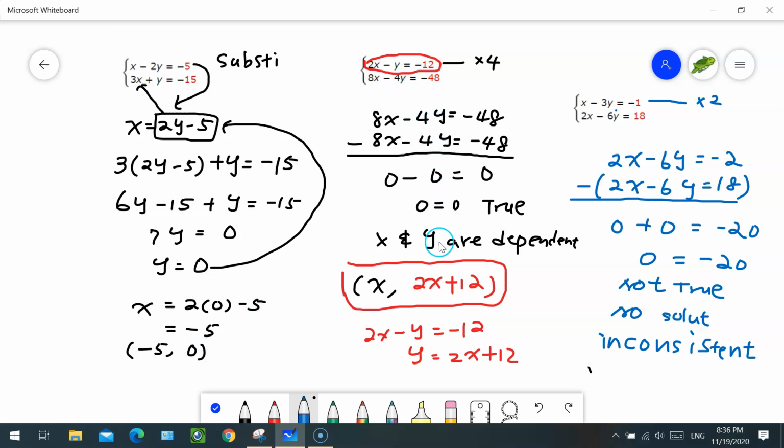When you solve both equations and the result is a number equal to the same number on both sides, that means the two lines overlap. So you'll have many solutions, and your x and y are dependent variables. Your y relies on x. So the solution you give is x, comma, and y rewritten in terms of x. When both sides are not equal, that means no solution.